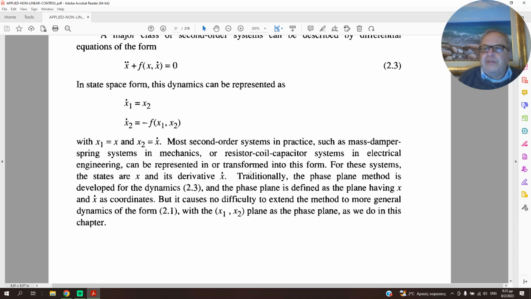In a third order system, you will need 3 variables. In a fourth order system, you will need 4 variables. In a fifth order system, you will need 5 variables. So for second order systems like this, you will need only 2 variables, x1 equal to x and x2 equal to x dot.